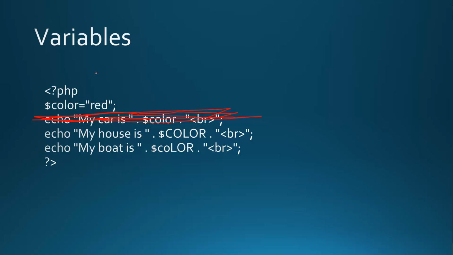We understand this, and we know now how to create a variable, how to call up a variable, and how to add content to the variable. So for the next section, we echo my house says, which is another piece of string, then a dot, then all uppercase COLOR. Will this work? I ask you, will this work? No, it won't. Why? Because this is all uppercase, and we said in the beginning that variables are case sensitive.